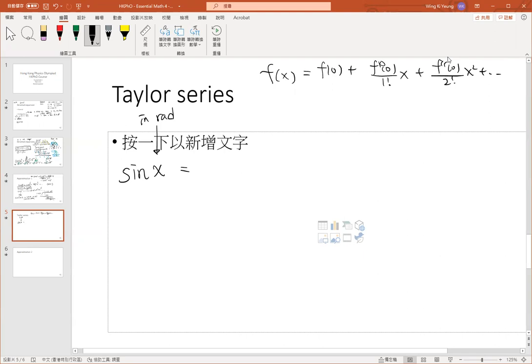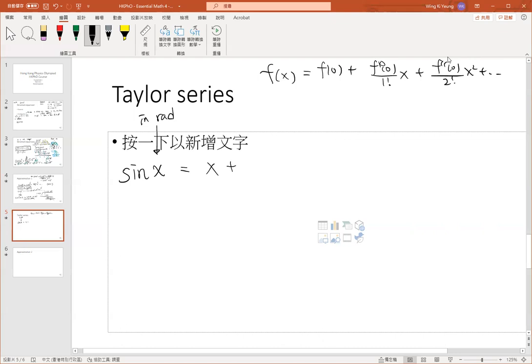For sine x, you can think about how your calculator calculates sine x. It cannot store all the values of sine x, so it makes use of this Taylor series to calculate it.